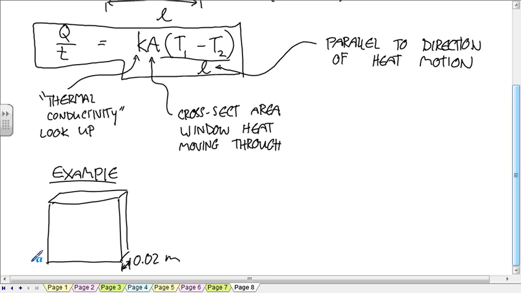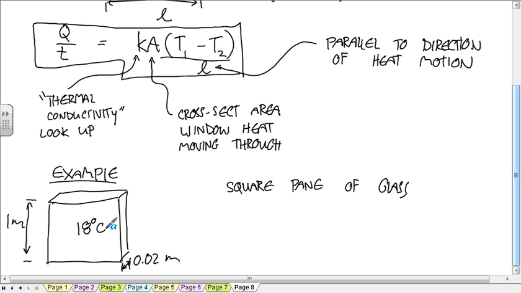And let's say it's a square with lengths of 1 meter. And on the hot side of the glass, the side that's inside your house, right at the surface of the glass, it's 18 degrees Celsius. And on the other side, the temperature is 12 degrees Celsius.